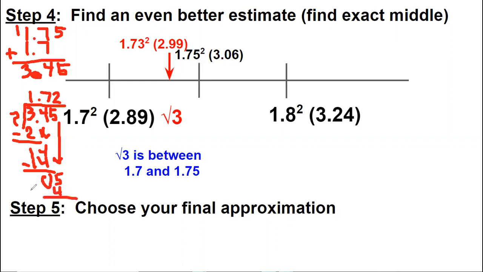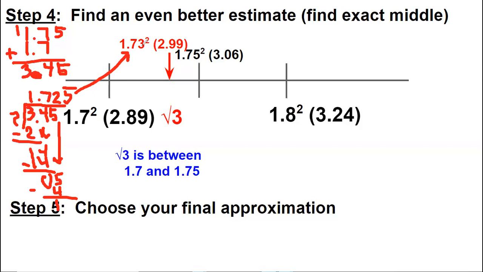And I subtract, I'm going to have 1, and then if I bring down a 0, it's going to be 1.725. Now our approximations only have to go to 2 decimal places, so we don't have to go to 1.725. So that is why I picked 1.73, because I only have to go to 2 decimal approximations, not to 3. And 1.725 is right in the middle of 1.7 and 1.75.